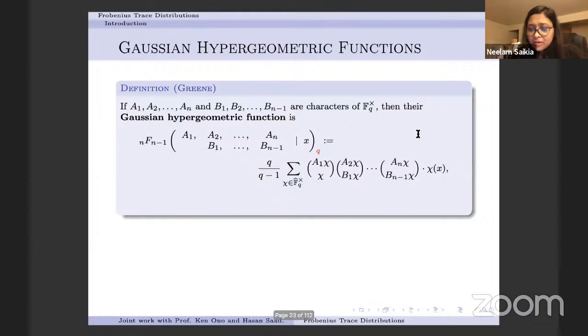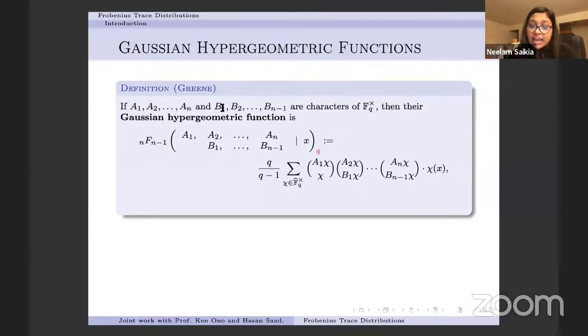Okay, so now we go to Gaussian hypergeometric functions. The Gaussian hypergeometric function is defined by Greene. This function is defined analogously with classical hypergeometric functions. Let me quickly give the definition.